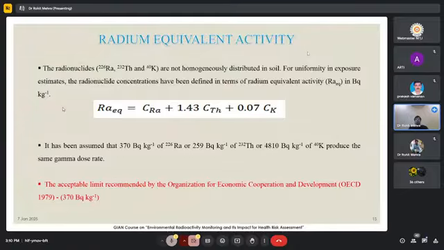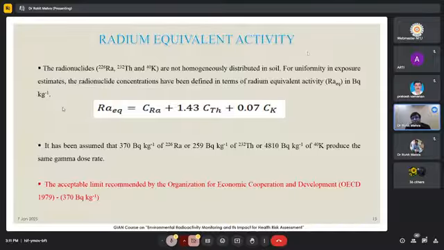Now, from where do these parameters 1.43 and 0.07 come? The answer is, it has been assumed that 370 becquerel per kg of radium, or 259 becquerel per kg of thorium, or 4810 becquerel per kg of potassium produces the same gamma dose rate.